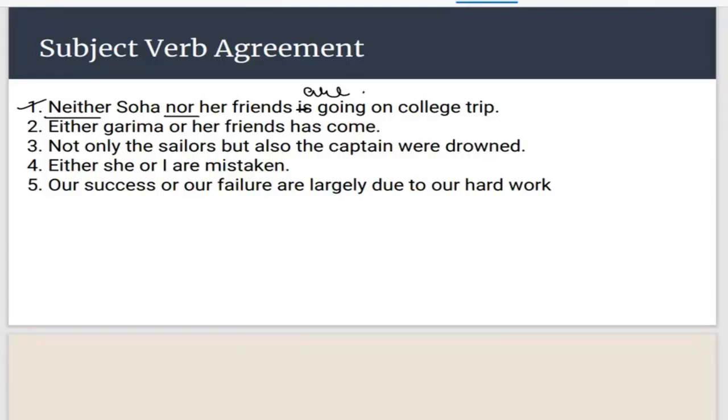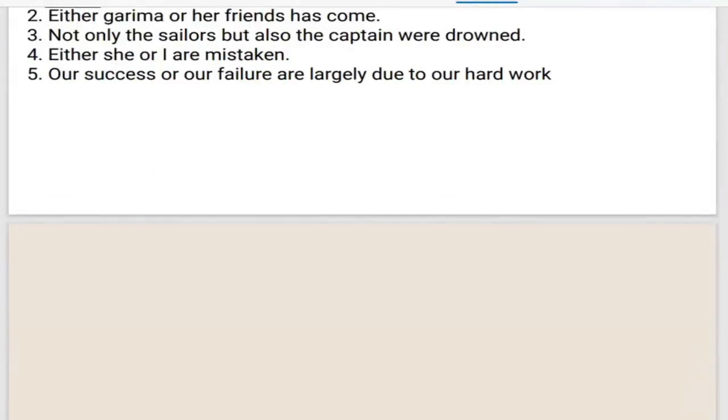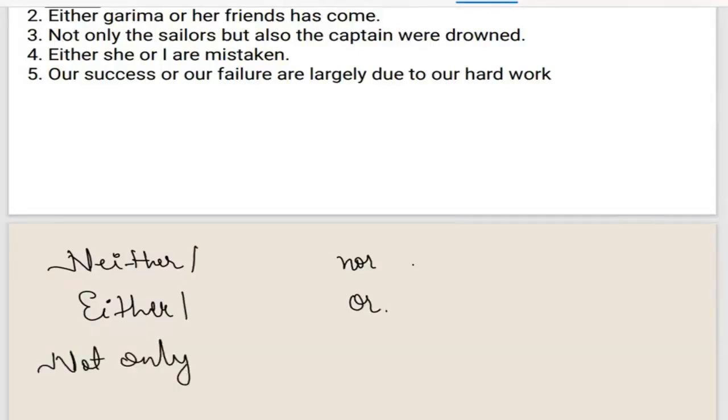See, here there are pair conjunctions. Whenever neither is used in a sentence as a conjunction, it is always used with nor. Whenever either is used, it is always used with or. Whenever not only is used as a conjunction, we always use but also with it.